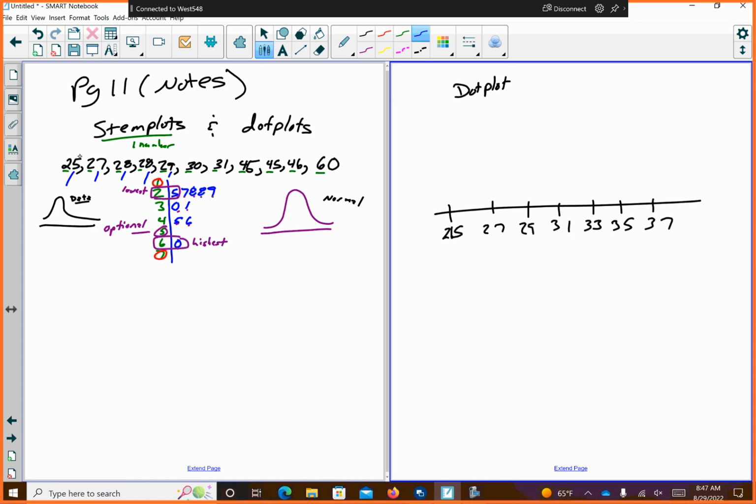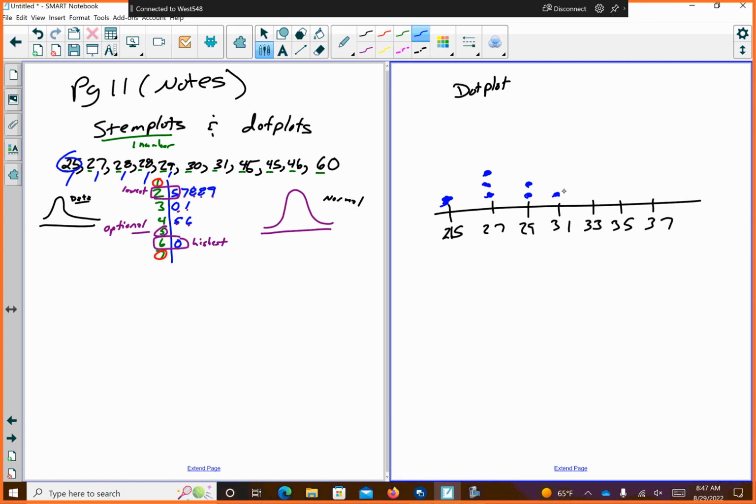But basically how this is going to take place is, okay, I have one dot at the 25. 27 and 28 are counted here. 29 is counted here. 30 is also counted here, so you're going to the left. 31 is counted here. So on and so forth.